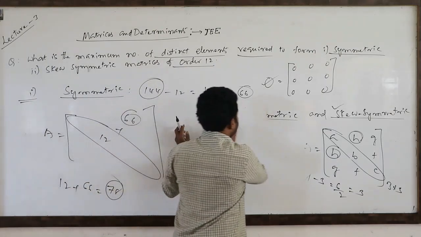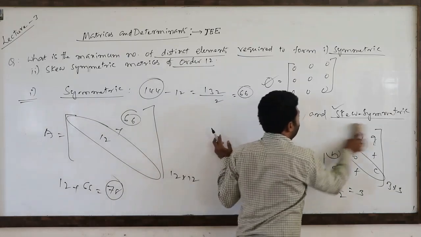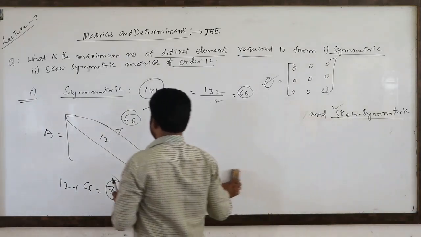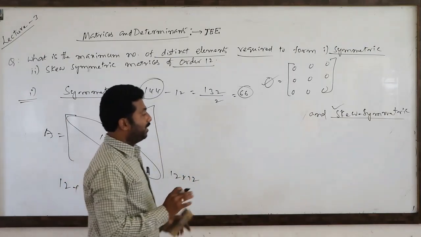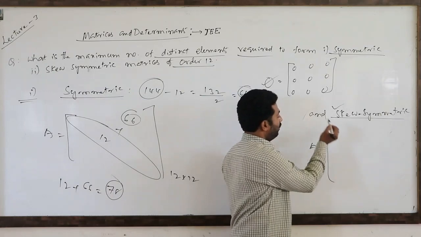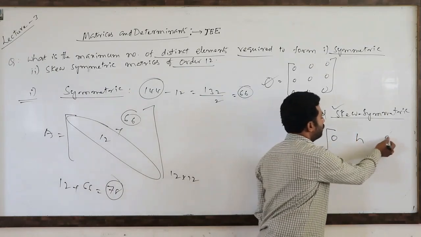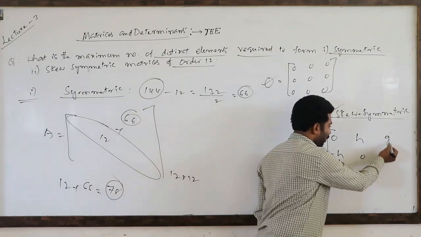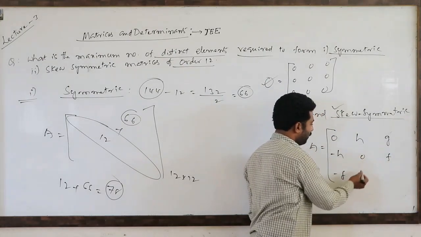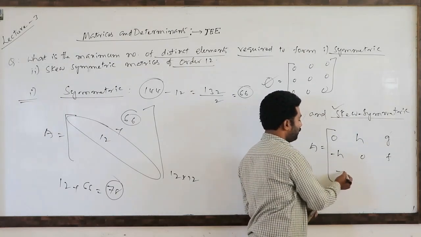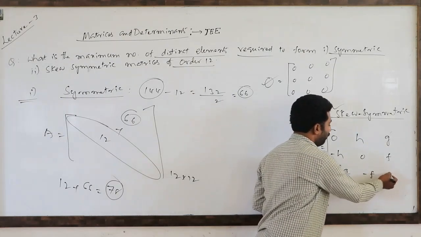Next, if it is a skew symmetric matrix, how many elements are required? I told you the symmetric and skew symmetric difference. See here, if it is skew symmetric, then 0, H, G; minus H, 0, F; minus G, minus F, 0.